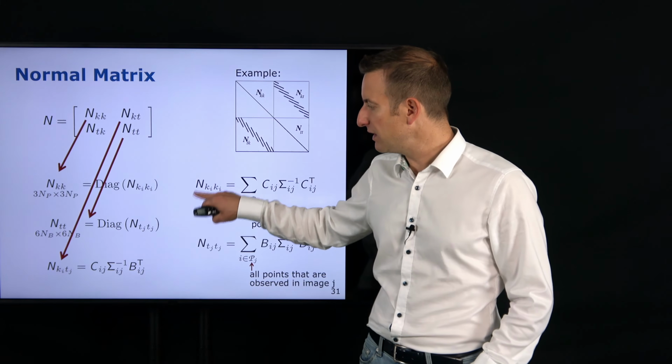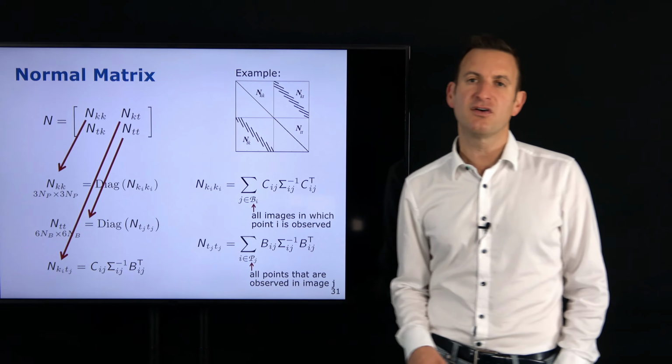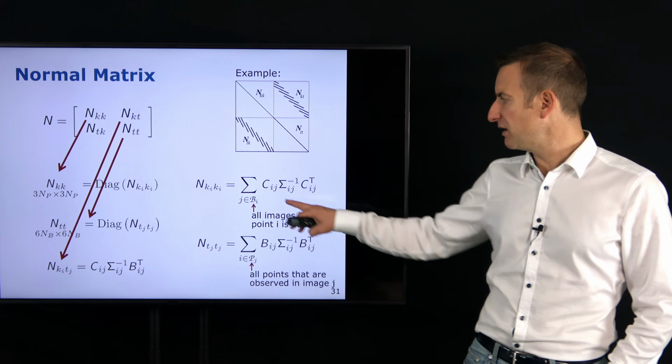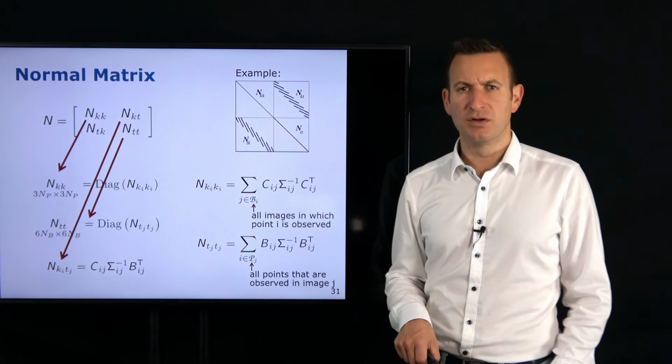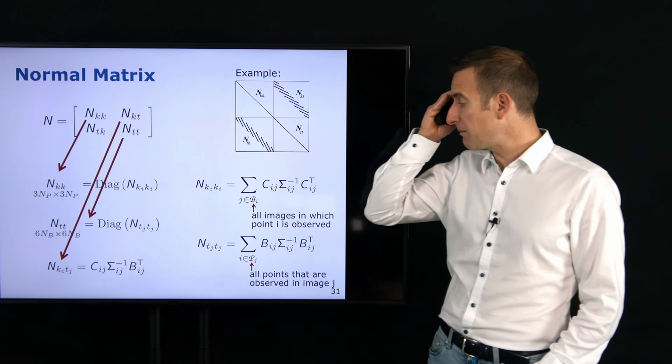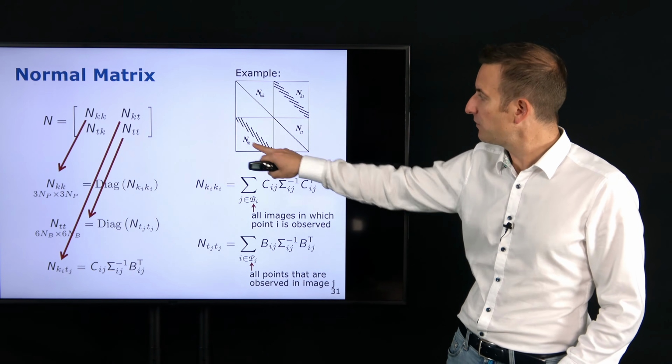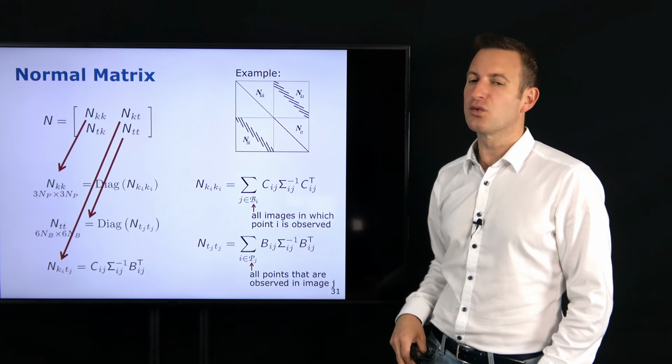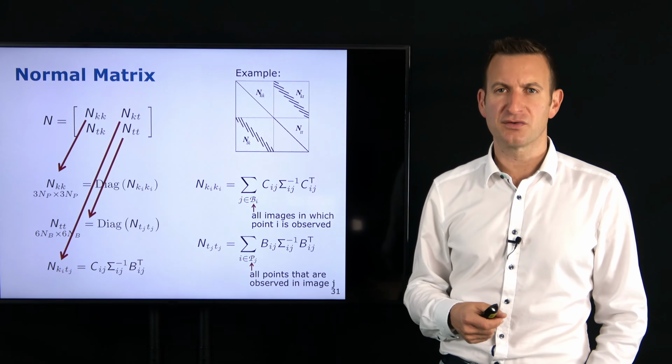So I can directly compute all the elements of my normal matrix from my small low-dimensional matrices Cij and Bij. So I can fill those numbers here directly and don't have to build up the matrix. I can just store, for example, or directly compute all those non-zero values.